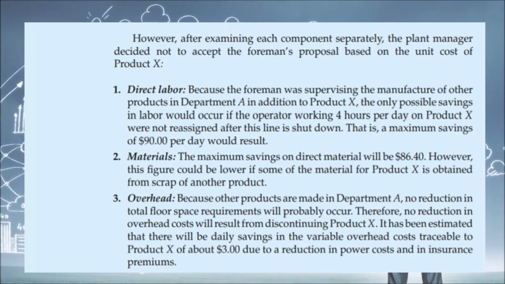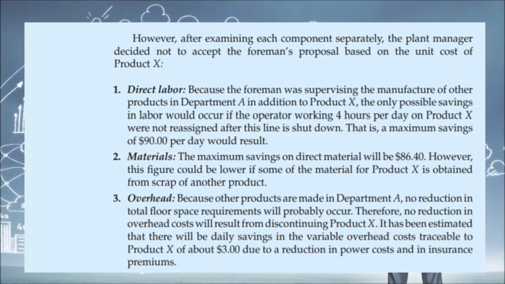For materials, the maximum savings on direct material will be $86.40. However, this figure could be lower if some of the material for product X is obtained from scrap of another product. For overhead cost, because other products are made in Department A, no reduction in total floor space requirements will probably occur.